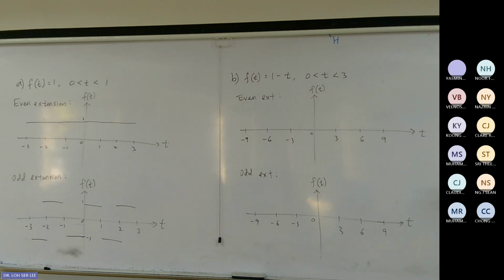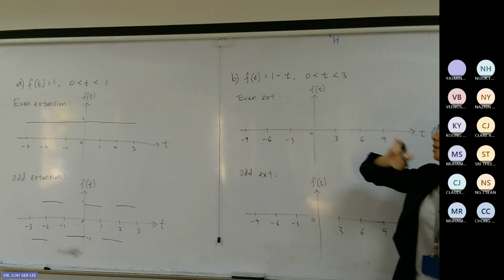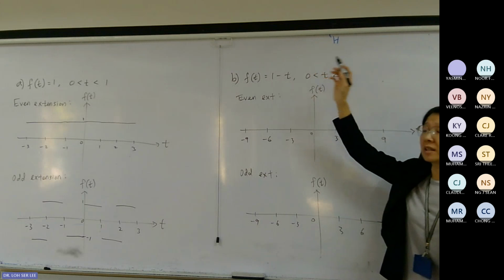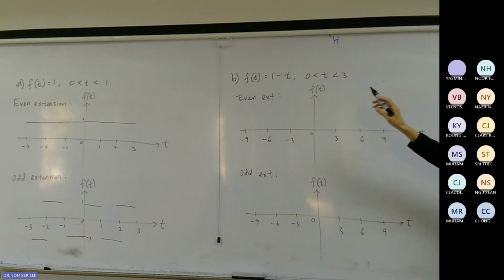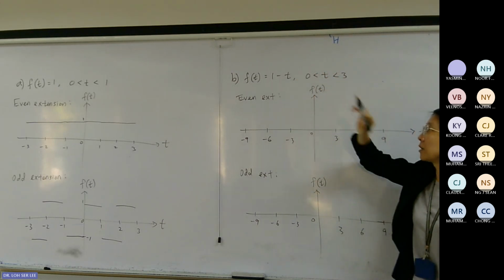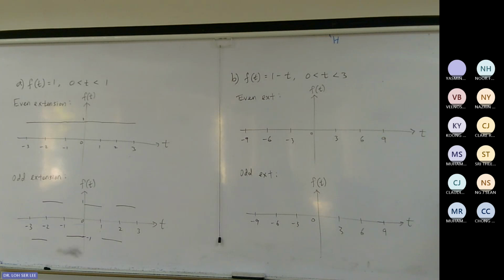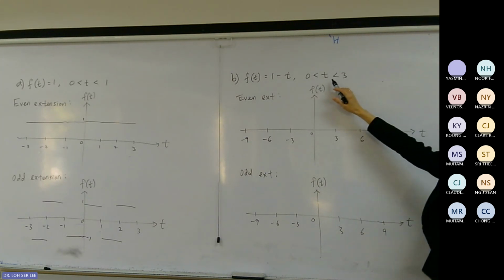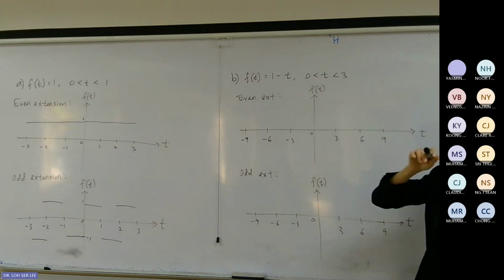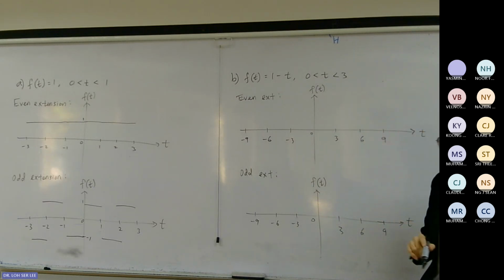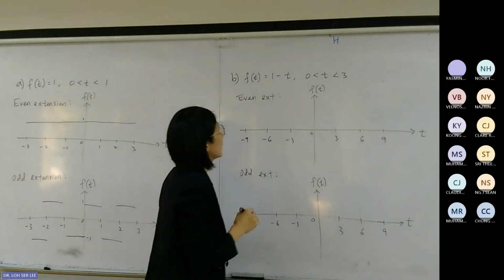For B, 1 minus t. 1 minus t is a polynomial of first degree, meaning that this is a straight line, t to the power 1. To sketch a straight line, you just need 2 points and connect them with one straight line.